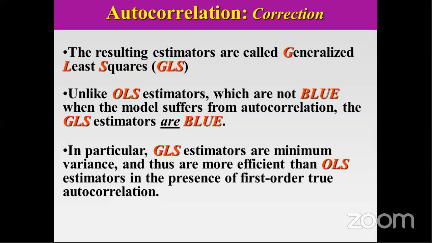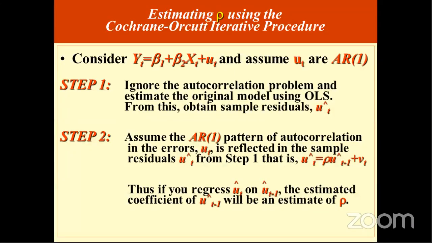The GLS methodology transforms our model in such a way that the problem of autocorrelation is automatically corrected, and finally we apply OLS to the transformed model. Since this is a new model and a new method of estimation, we call it the generalized least squares method. This is about the first correction method.